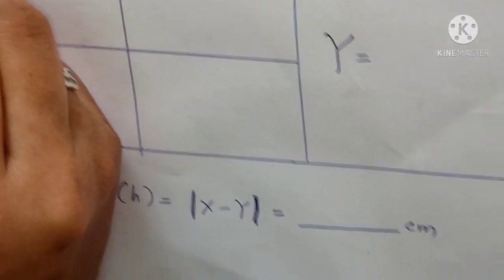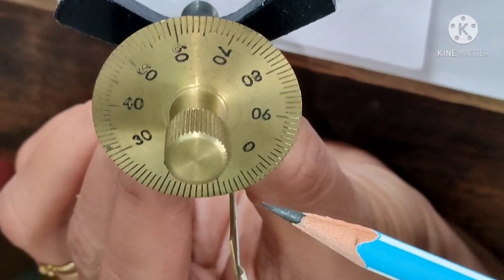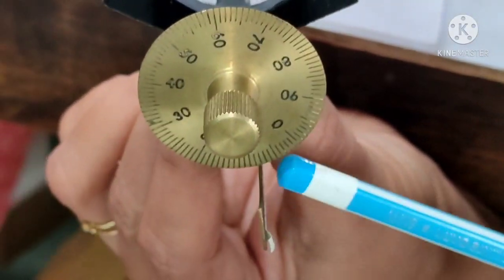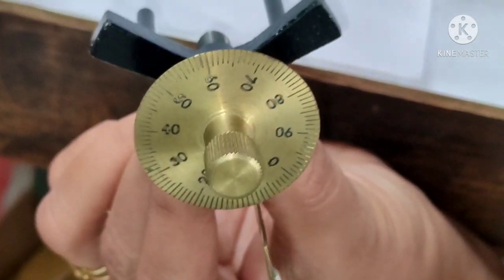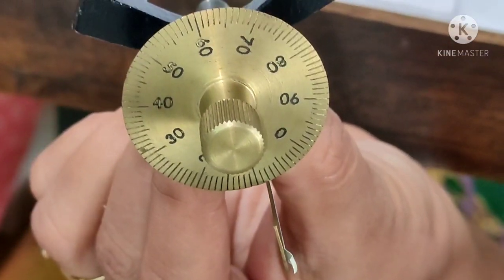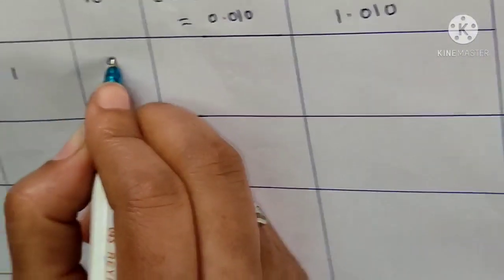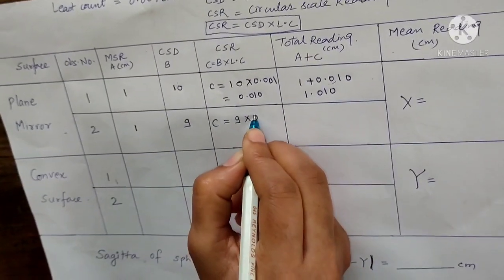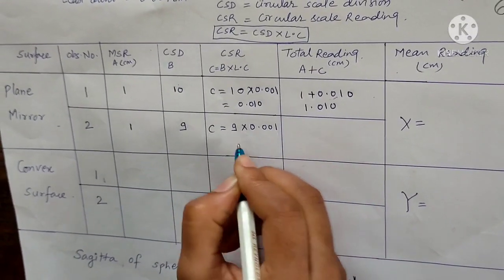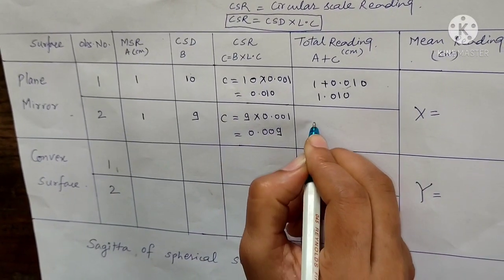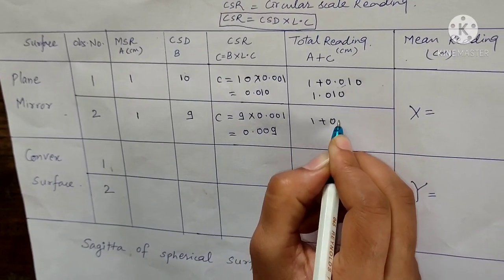Then for the circular scale division, the 9th division is coinciding with the edge of the vertical scale, right? So therefore the circular scale division is 9. Circular scale reading is 9 into 0.001, so it is 0.009. So the total reading is 1.009.